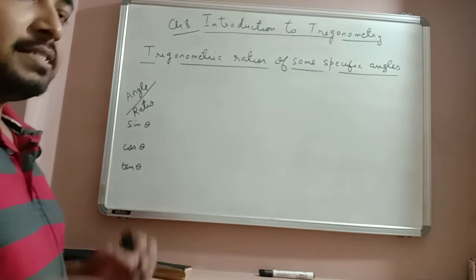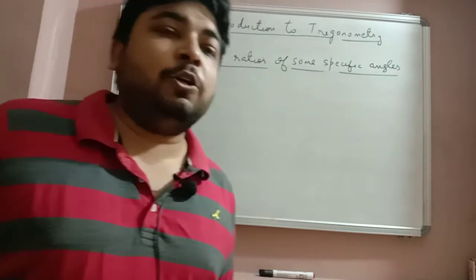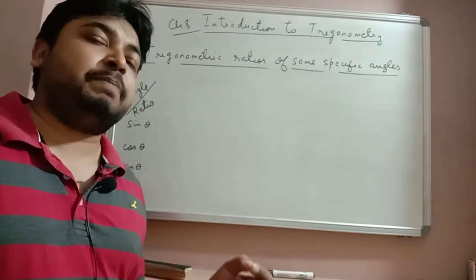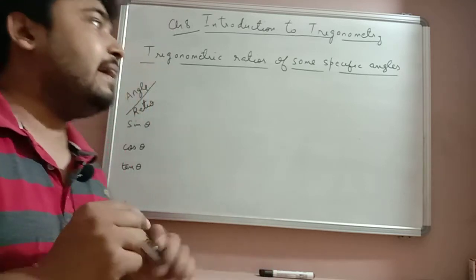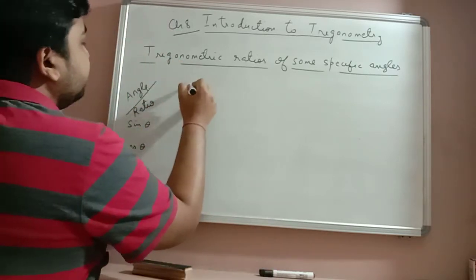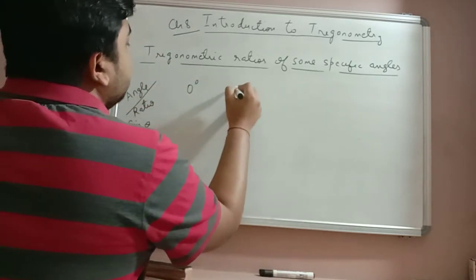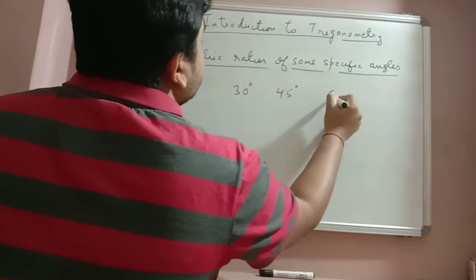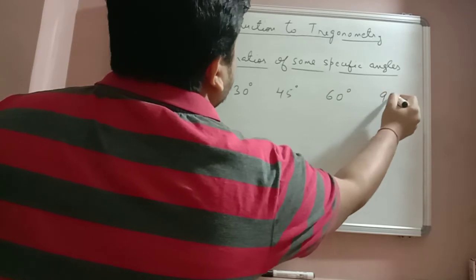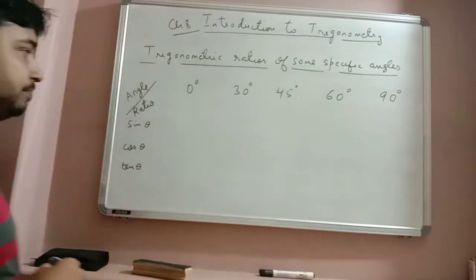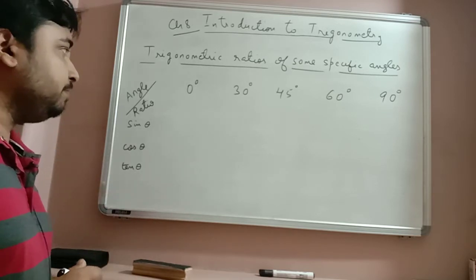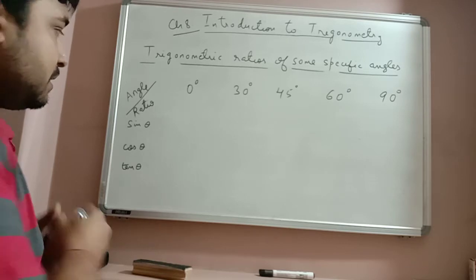Now for class 10th, we need to remember some of the trigonometric ratios of certain specific angles. Now these angles are 0 degree, 30 degree, 45 degree, 60 degree and 90 degree. Now I'll let you know the short trick to remember these angles.